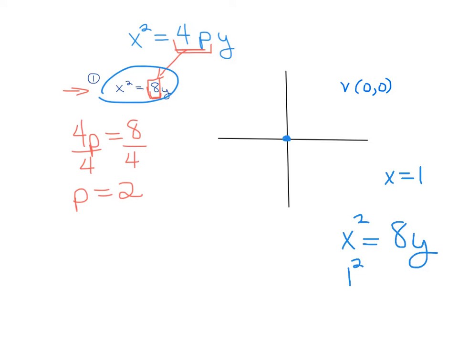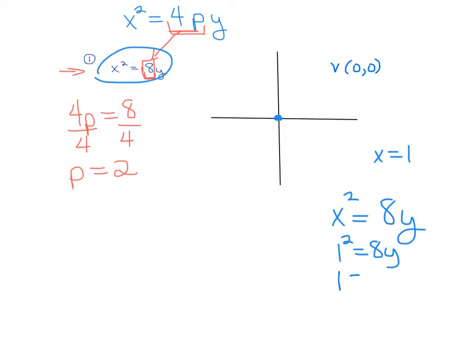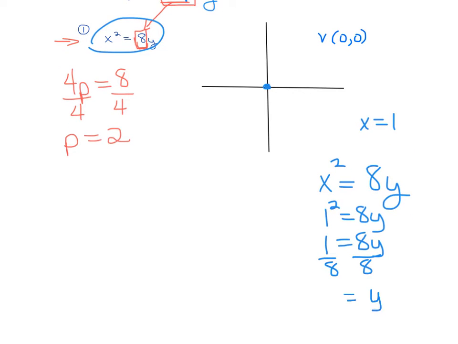So 1 squared equals 8y. 1 equals 8y. Divide by 8. And y equals 1/8. So the ordered pair I can graph to start making my parabola shape is going to be 1, 1/8.